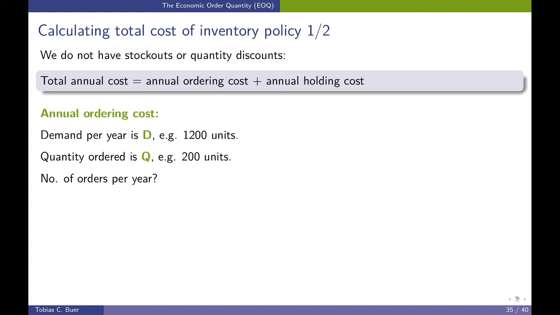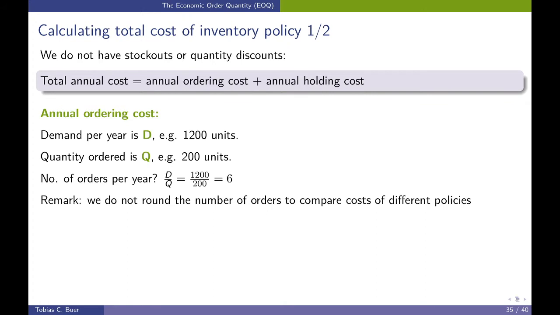So how many orders do we have then per year? This is just D over Q, which is 1,200 over 200, which means we order 6 times a year to fulfill our annual demand.